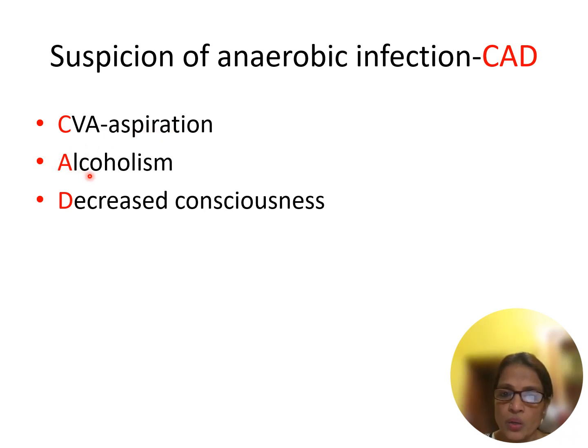If the patient is a chronic alcoholic, in such patients also you must think of anaerobic infections. And D is decreased consciousness. So a patient who has decreased consciousness tends to aspirate, and whatever commensal anaerobic organisms are present in the mouth and the upper respiratory tract, they get into the lung and cause anaerobic infections.